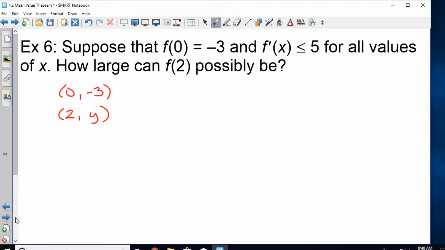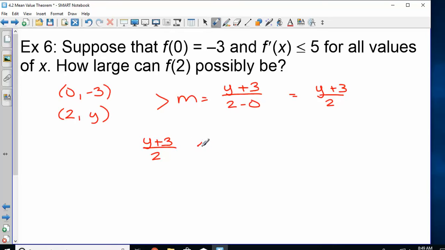The mean value theorem says somewhere the derivative equals the slope between these. So if I find my slope, y2 minus y1 over x2 minus x1, I get (y plus 3) over 2. What do you know about that derivative?